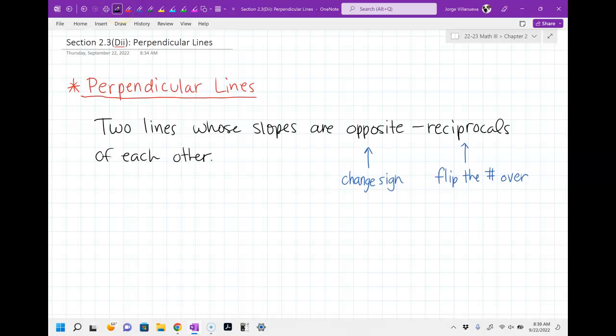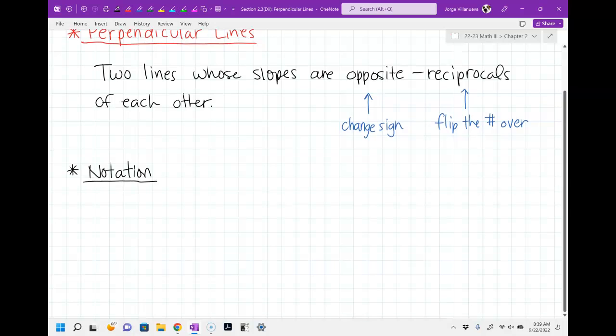But really quick, some quick notation, in case you see me writing it like this. Now, we didn't talk about this last time, but two vertical lines, this right here, means parallel.